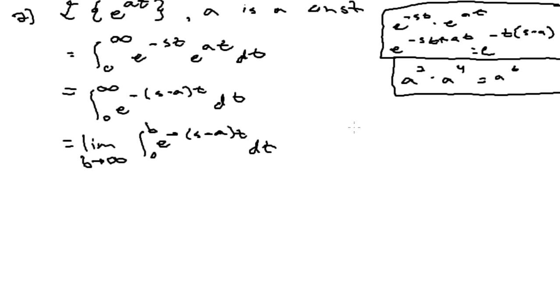Okay, so paano tayo siya solve? Substitution. So u is equal to negative s minus a t, yung ating exponent, and our du will be equal to, since constant tong dalawang to, negative s minus a dt.